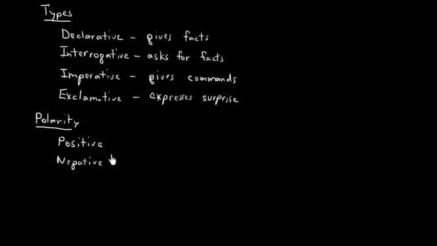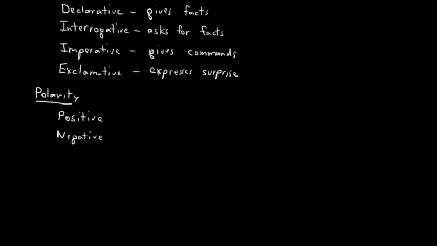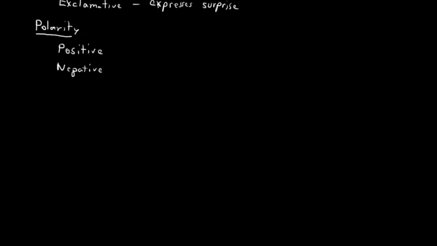I have a car, I don't have a car. Go do that, don't go do that. Okay, so that's positive and negative, and every one of these types has a positive and negative form, although the negative exclamative clause is pretty rare. They do exist. So, clauses have polarity.